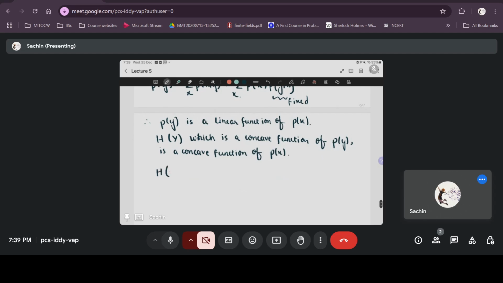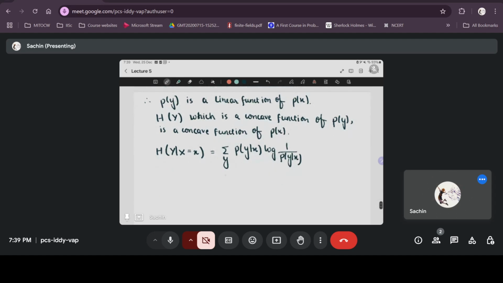H of y given x equals x is nothing but summation over all y p of y given x log 1 over p of y given x, which is fixed. So this is also fixed since p of y given x is fixed.